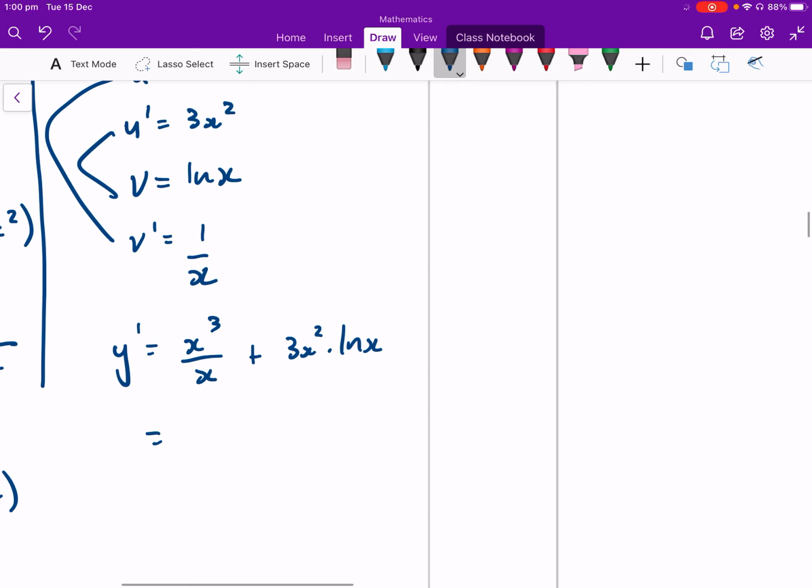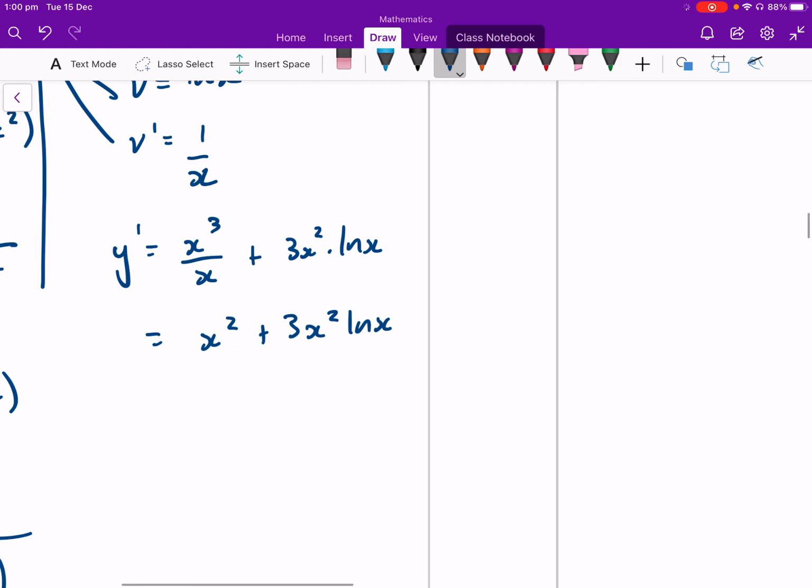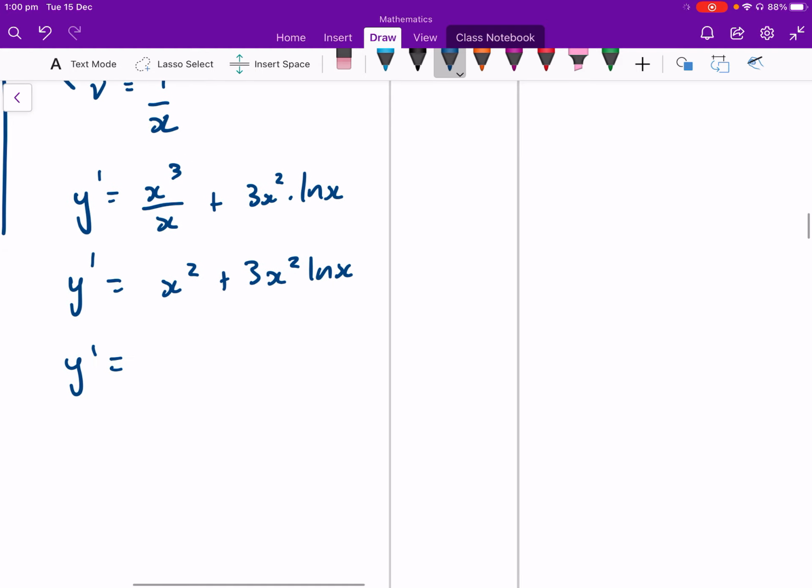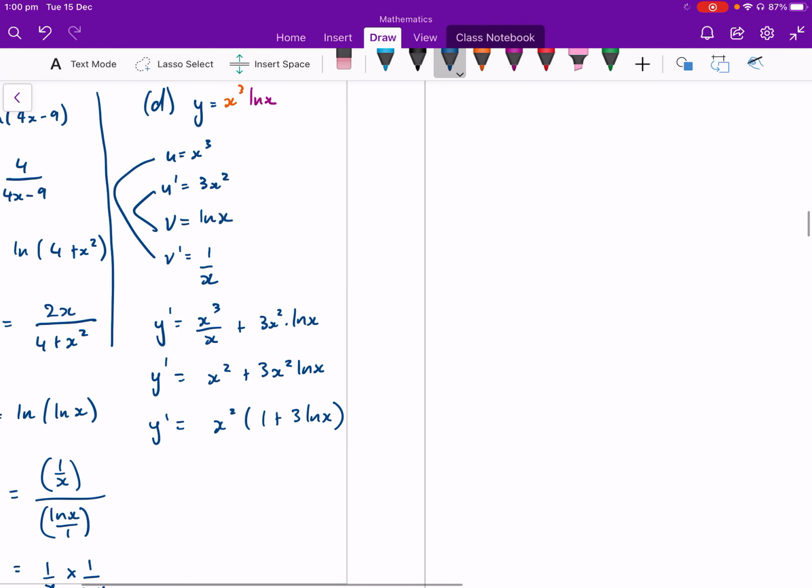So here the x cubed on x will become x² plus 3x² ln x. Now, it is useful to factorize, particularly if I'm looking for any stationary points. So here I'm going to take a factor of x² out, so I'll have x²(1 + 3 ln x) as my solution to question D.